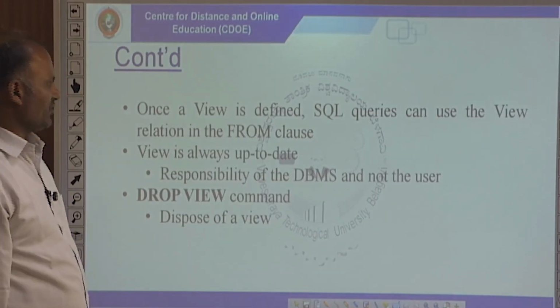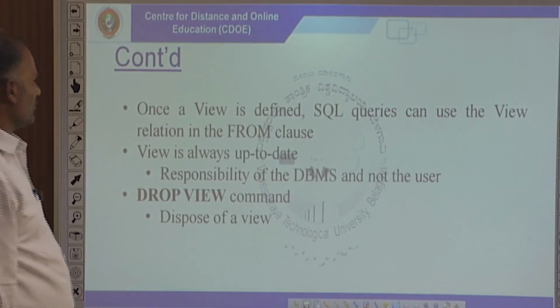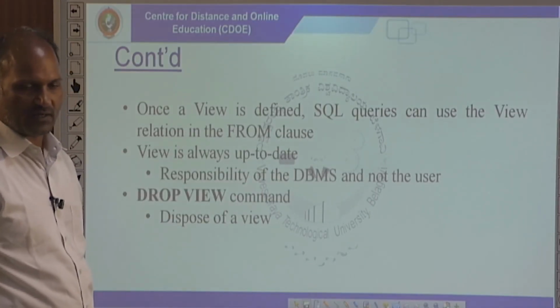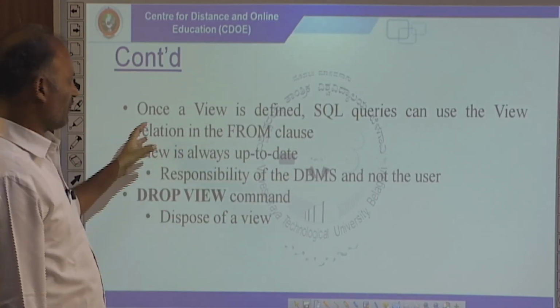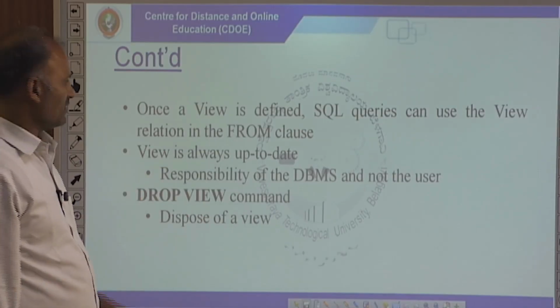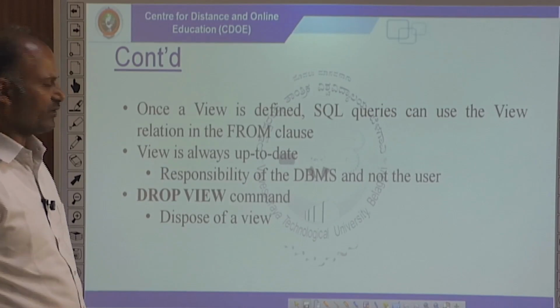Once a view is defined, SQL queries can use the view relation in the from clause. In a similar way, you can execute queries on a view as you do for getting data from the tables. A view is always up to date.